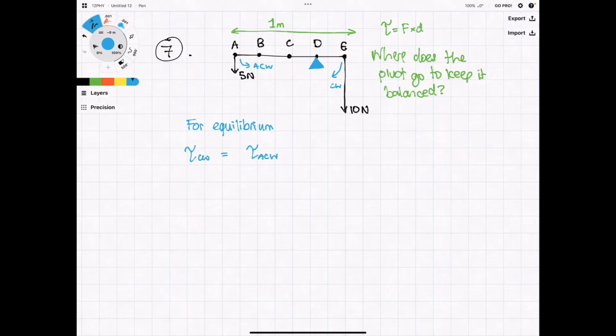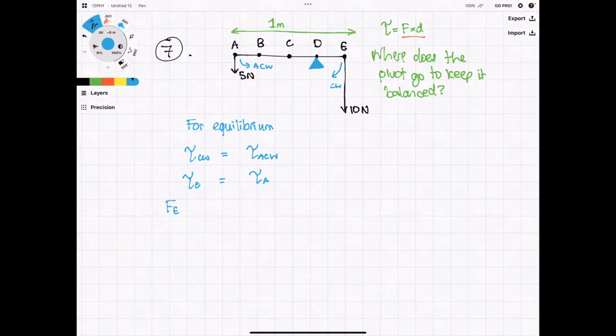So we can say clockwise is torque of E equals torque at A. Now we don't know those torques, so we can expand this out. We can replace torque with force times distance.